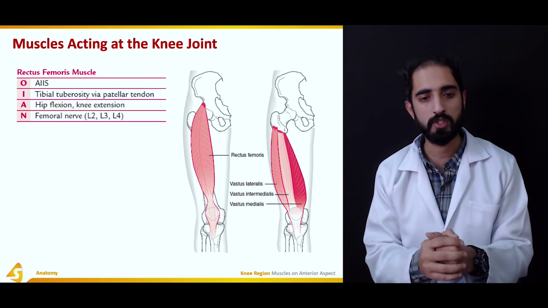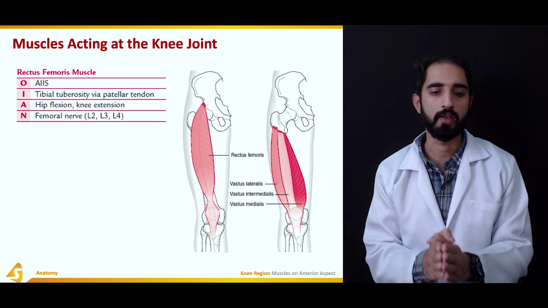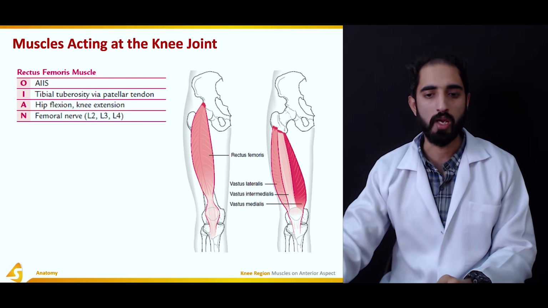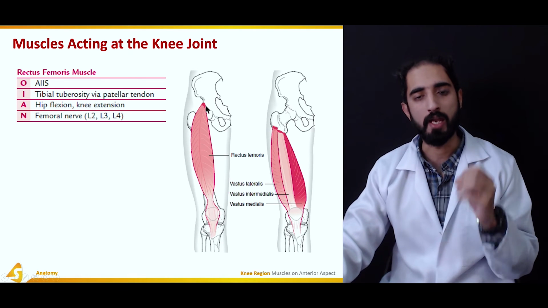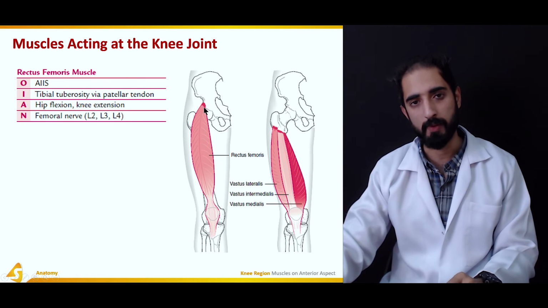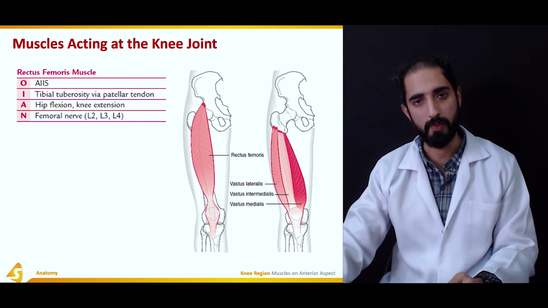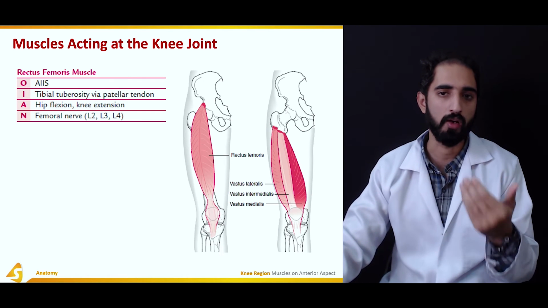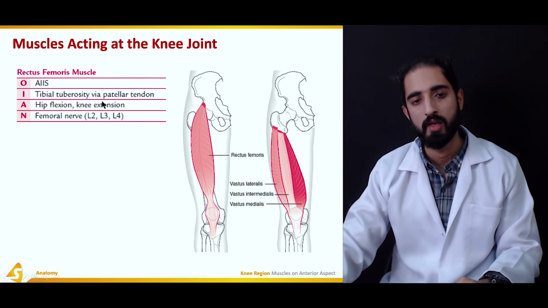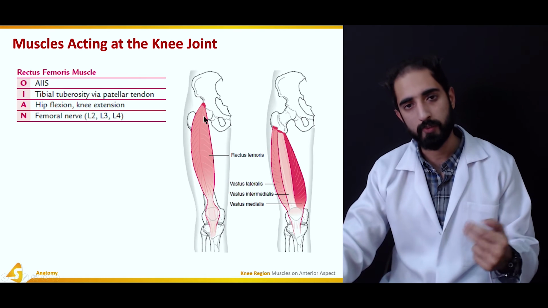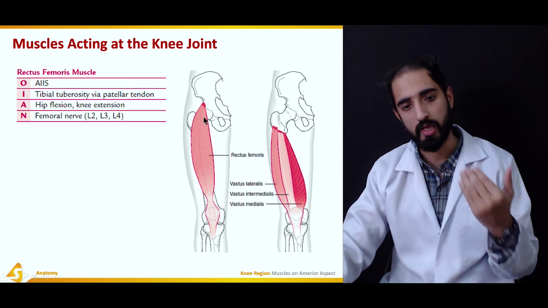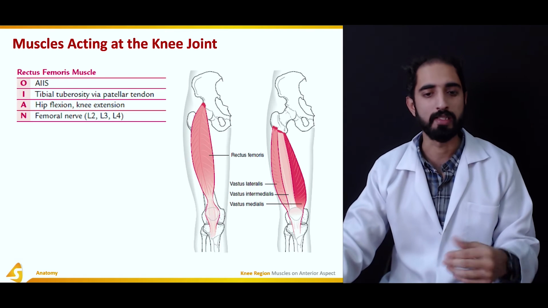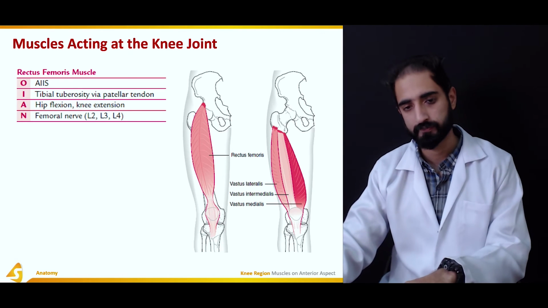The proximal attachment for the rectus femoris is the anterior inferior iliac spine, located just beneath the anterior superior iliac spine, which is easily palpable on the anterior aspect of your pelvic bone, just where the iliac crest terminates anteriorly. This is a two joint muscle, so it involves both knee extension and hip flexion, and it is supplied by the femoral nerve, L2, L3, and L4.